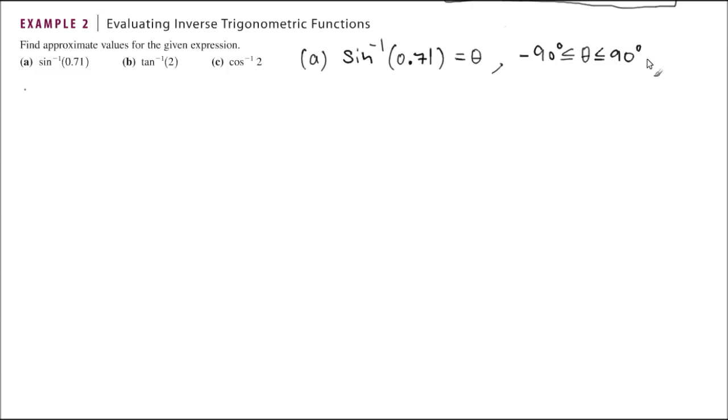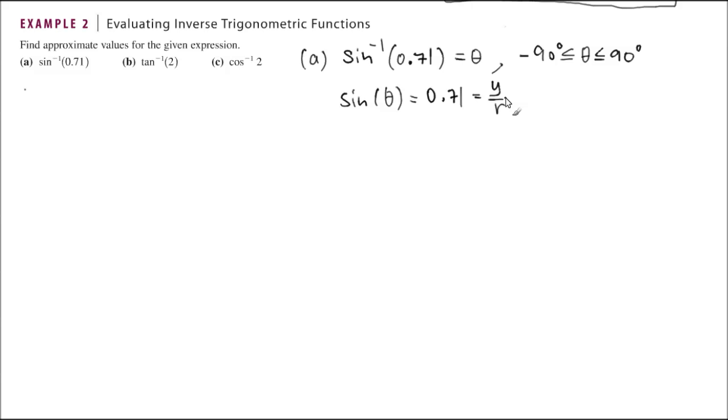This is the generic result about sine inverse, right? And then next thing is, all right, sine theta is supposed to be what value? Y over r. Here is -0.71, which is supposed to be y over r. That's right. Okay? Make sense?